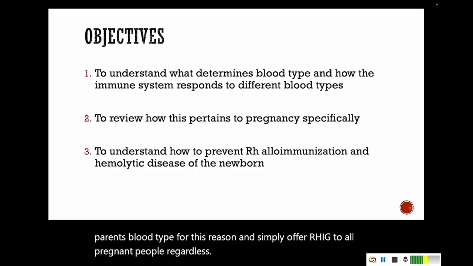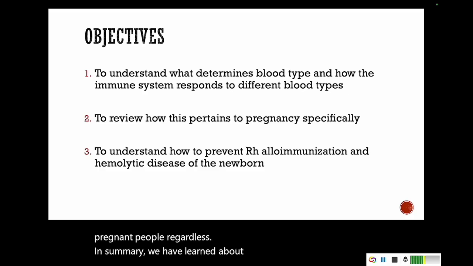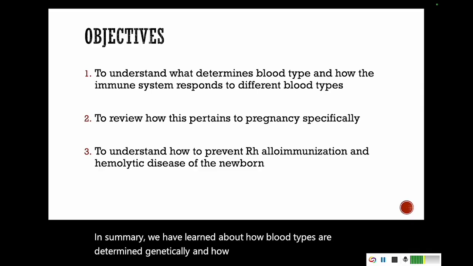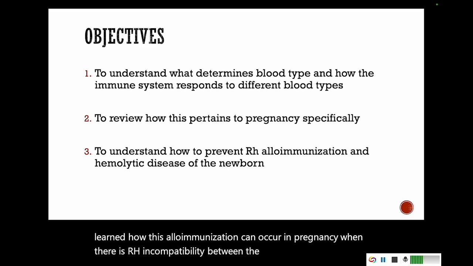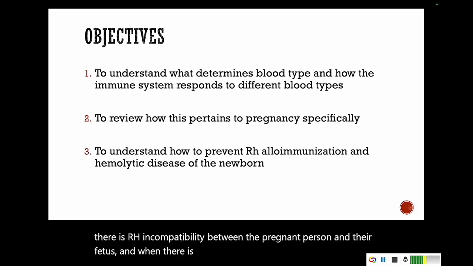In summary, we have learned about how blood types are determined genetically and how the immune system can react to a foreign blood type, a process called alloimmunization. We have learned how this alloimmunization can occur in pregnancy when there is Rh incompatibility between the pregnant person and their fetus, and when there is a fetal-maternal hemorrhage where fetal blood enters the pregnant person's bloodstream.